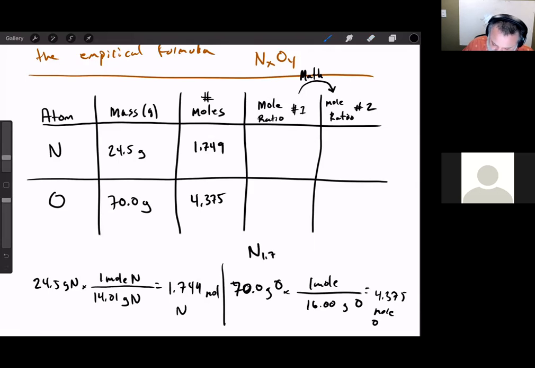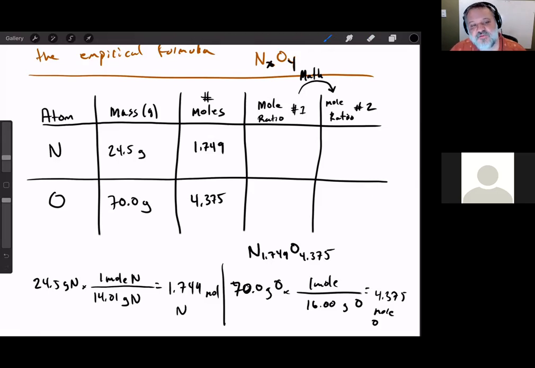nitrogen 1.749, oxygen 4.375. I do this because I want to say, is this the right answer? And I pause and we talk about it usually in the classroom and we go back and forth a little bit, but we come to the conclusion that, well, it's not the right answer for X and Y. It's not the empirical formula because the empirical formula is the lowest whole number ratio of atoms.